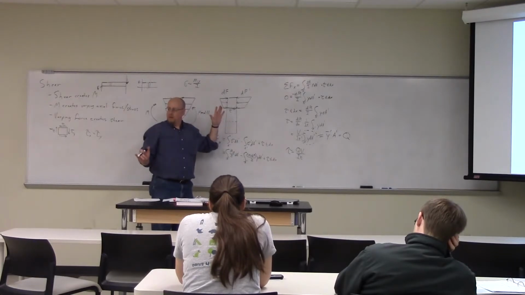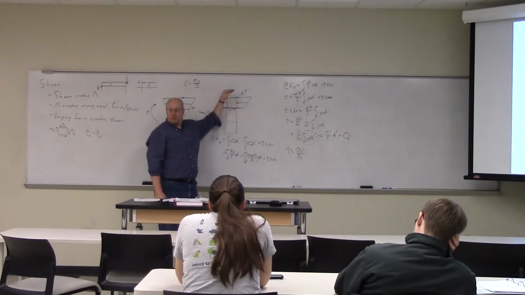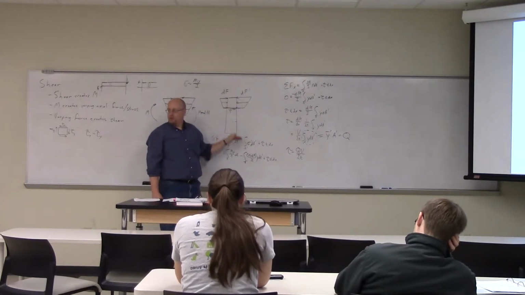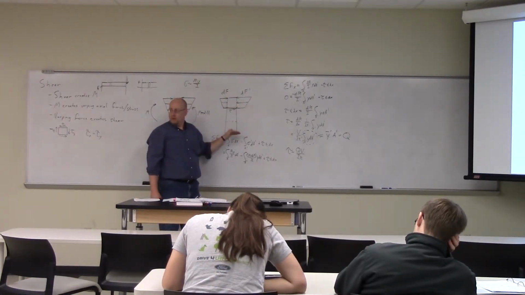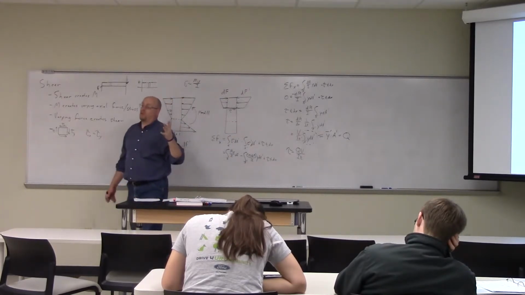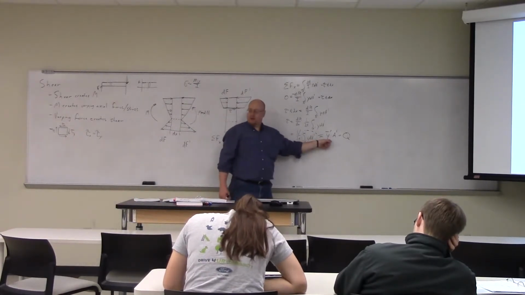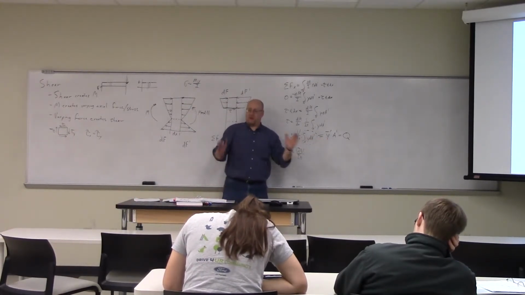Anybody else have any questions? So Q is the only thing that varies with position. Q is what governs the distribution of the shear stress. And clearly Q is not going to be a linear function most of the time, unless it might be if I had a rectangular cross-section.